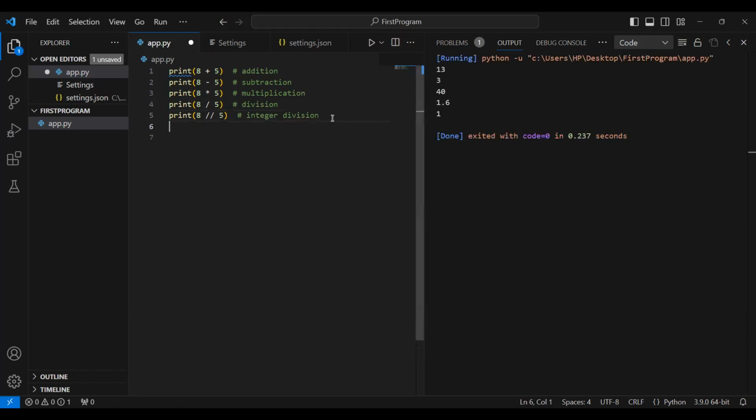We also have the exponent. We want to raise a number, 8 raised to power 5. So we use that like that.